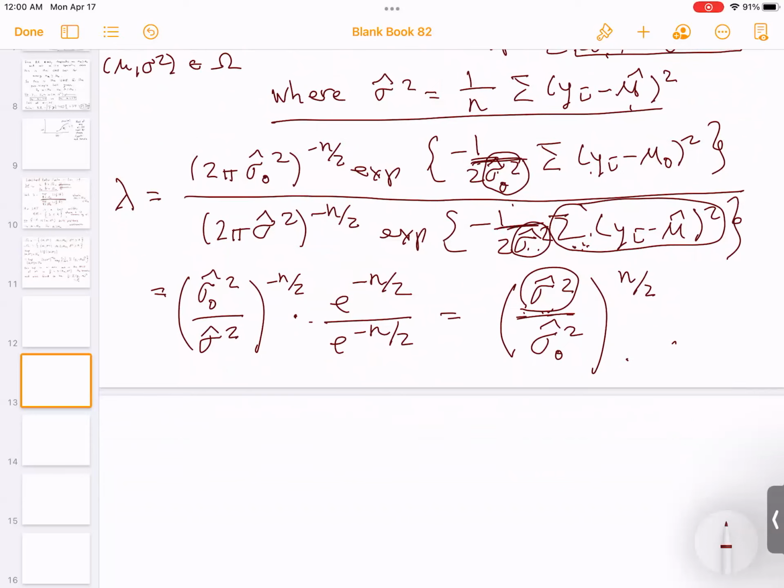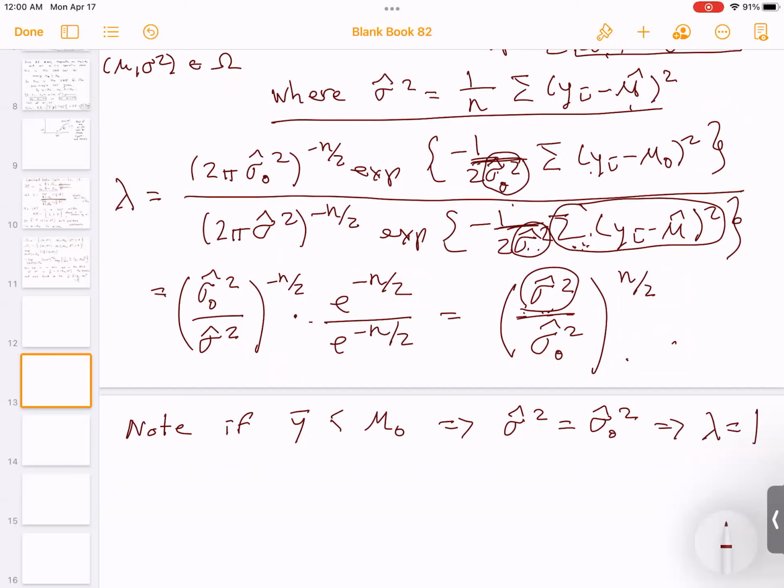And so let's just write this note. If y bar is less than mu 0, then sigma hat squared equals sigma hat 0 squared, and lambda equals 1.